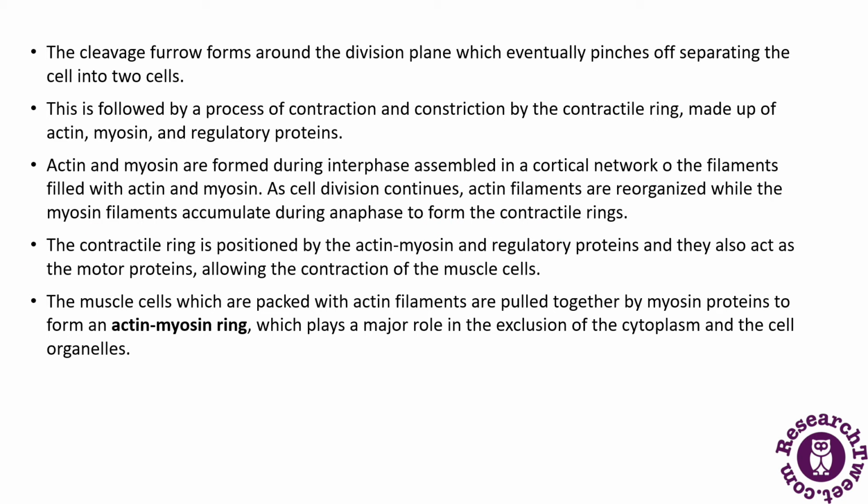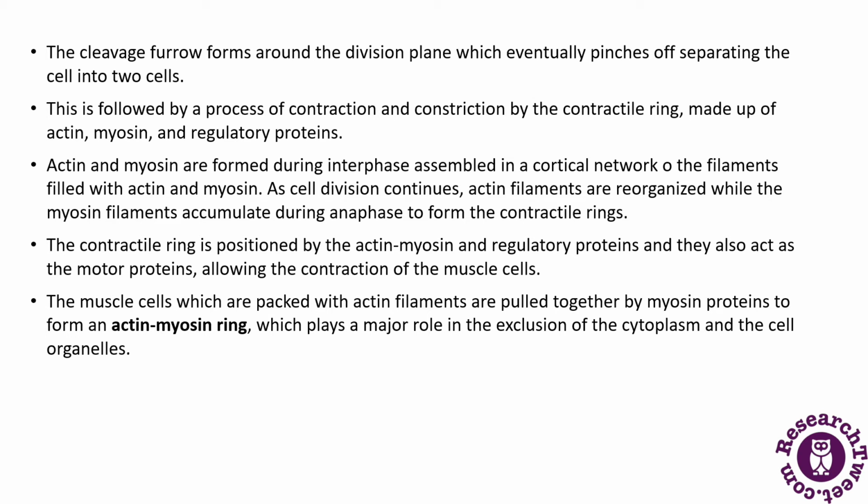So these contractile rings are positioned by the action of proteins such as actin, myosin, and regulatory proteins, and they act as a motor protein which allows the contraction of muscle cells. What happens in muscle cells? The muscle cells are packed with actin filaments, the protein filaments, and they are pulled together by myosin proteins.